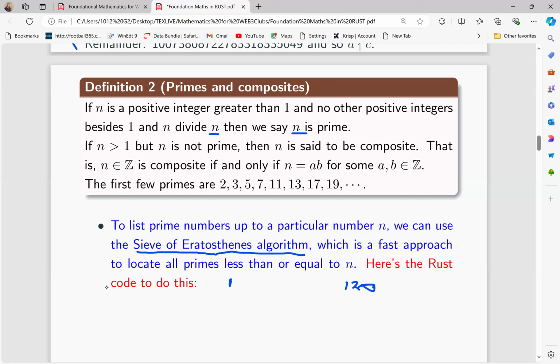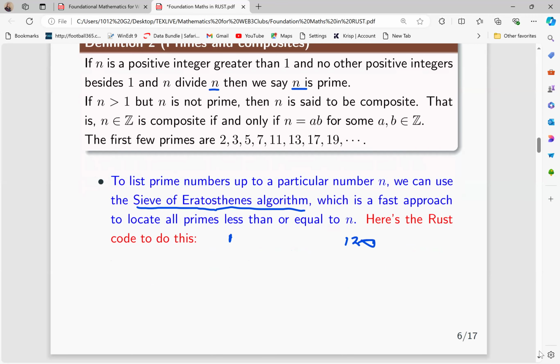That's actually what this algorithm will be doing. It will check 2, check 3, check 4, check 5 as it goes up to the limit you've given it. It checks every number and sees whether it's divisible by any other number.